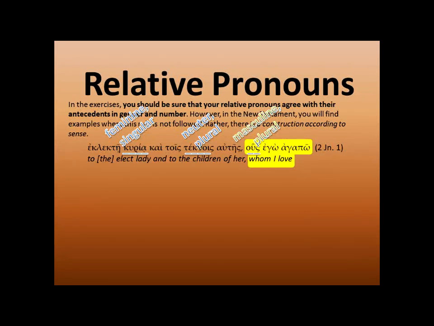Or if the relative pronoun is referring to both the woman and the children, then the relative pronoun is masculine because we have a group of people, possibly some of masculine gender and some of feminine gender. So here you don't have grammatical agreement, but you do have what you might say is an agreement according to the sense of the sentence.